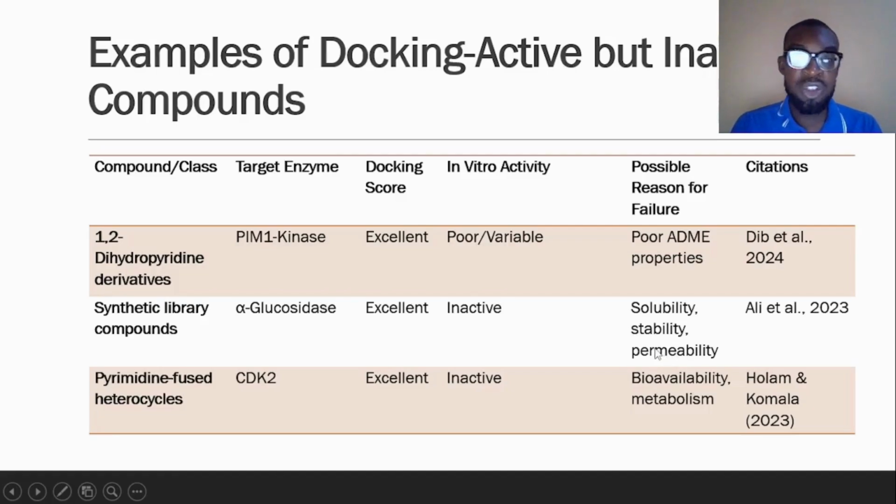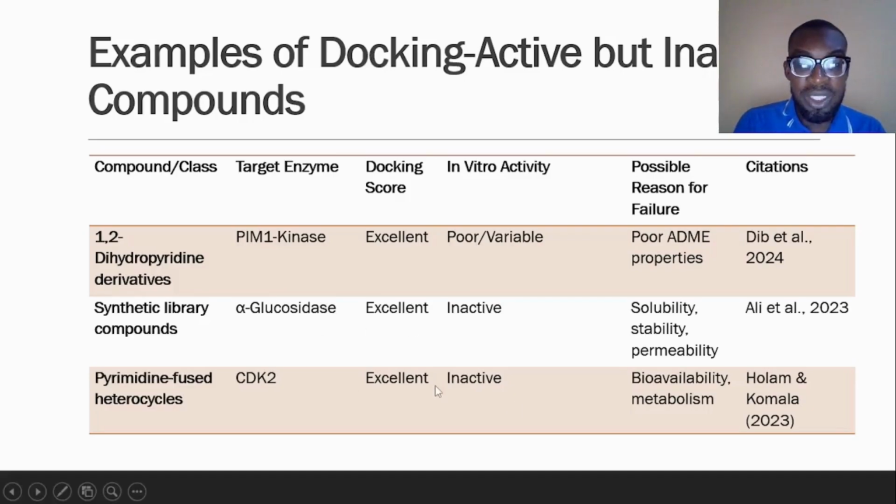Can they pass through the lipid layer that you will find in the bodies of living organisms? So it's important that you consider this. Before even carrying out molecular docking, it's important that you carry out ADME tests, that is to test for the absorption, distribution, metabolism, and excretion.